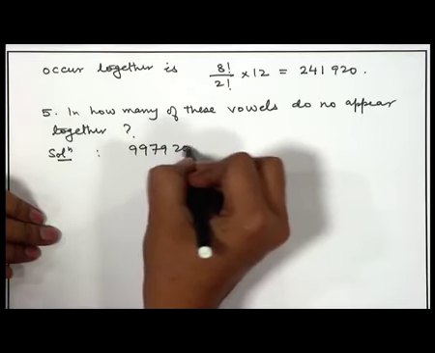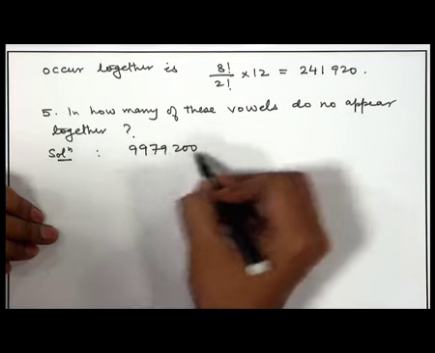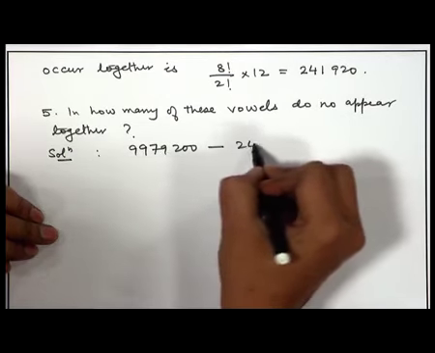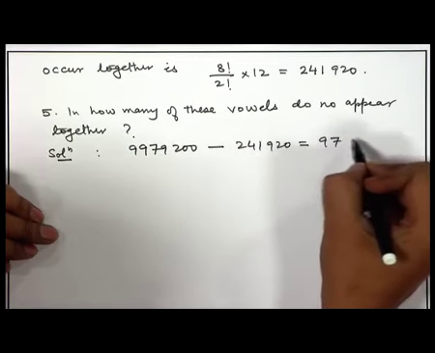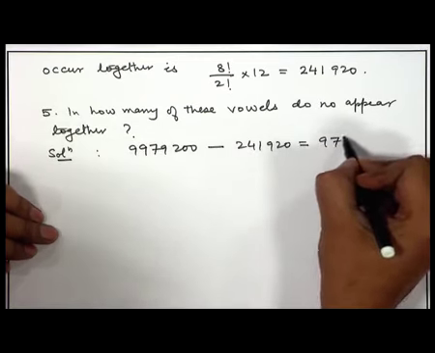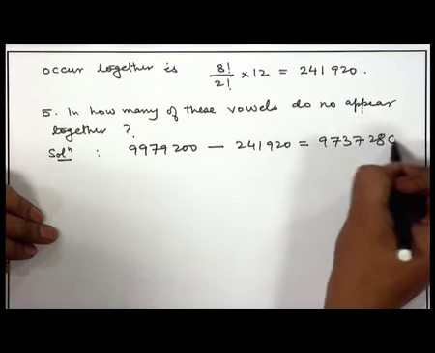So, you take the answer of question number 3 minus the answer of question number 4. That number will become 99,79,200 minus 2,41,920, that is 97,37,280.